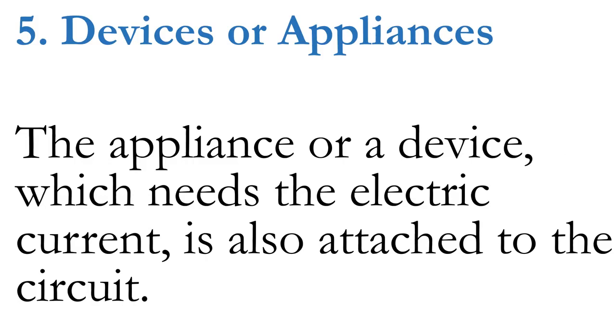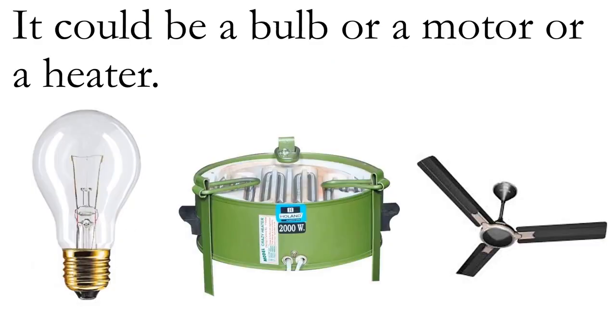Component 5. Devices or appliances. The appliance or a device which needs the electric current is also attached to the circuit. It could be a bulb or a motor or a heater.